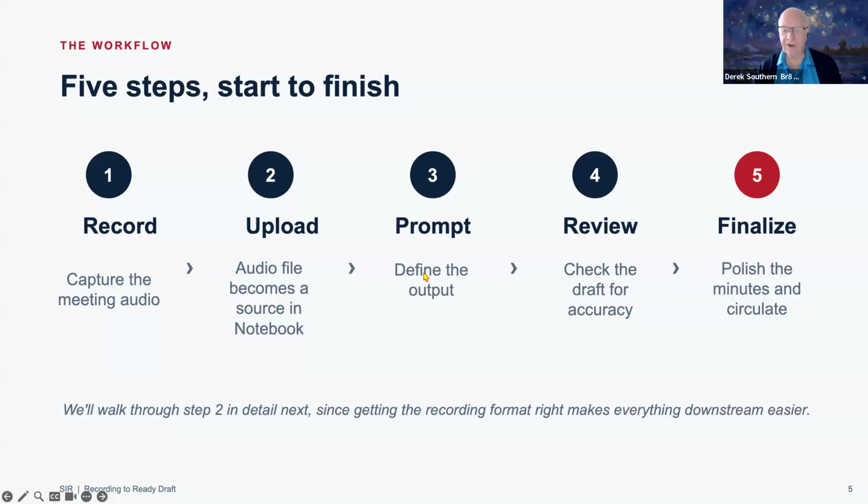Okay. Having got some output, check the draft for accuracy. I'm going to repeat this several times. The output I get from any AI, I regard as an initial draft. I would never, ever take a first draft and publish it and circulate it to anybody. The reason is AIs can make mistakes.